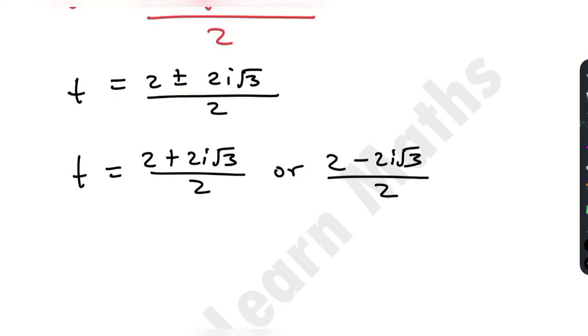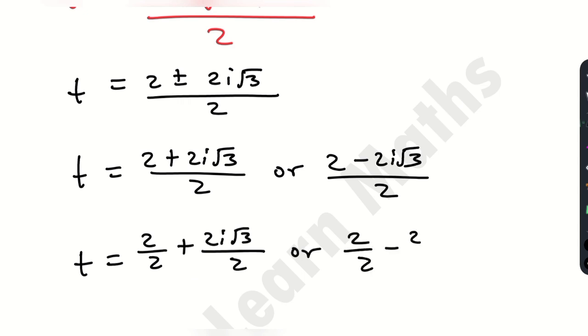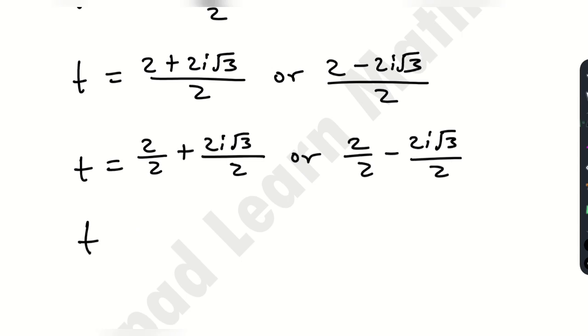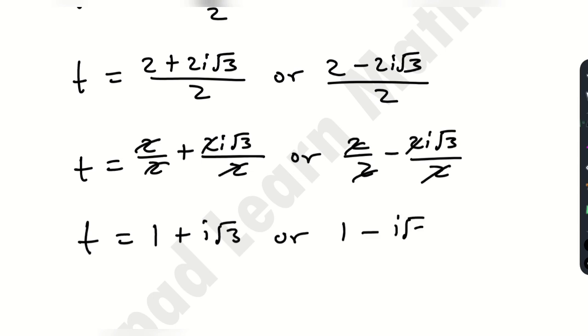Simplifying this further, t will be equal to 2 over 2, plus 2i root 3 over 2, and 2 over 2 minus 2i root 3 over 2. So what you have now is that t is equal to 2 divides 2, you have 1, plus 2 divides 2, you have i root 3. And 2 divides 2, you have 1, minus 2 divides 2, you have i root 3.